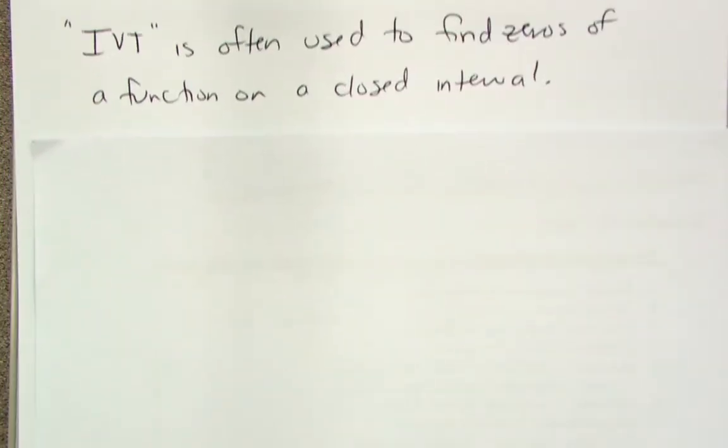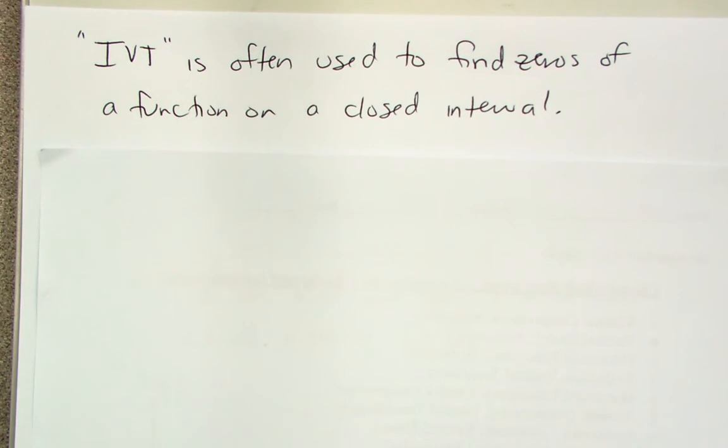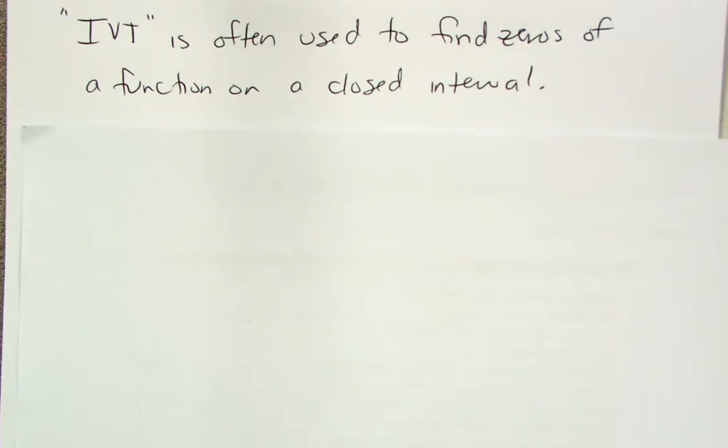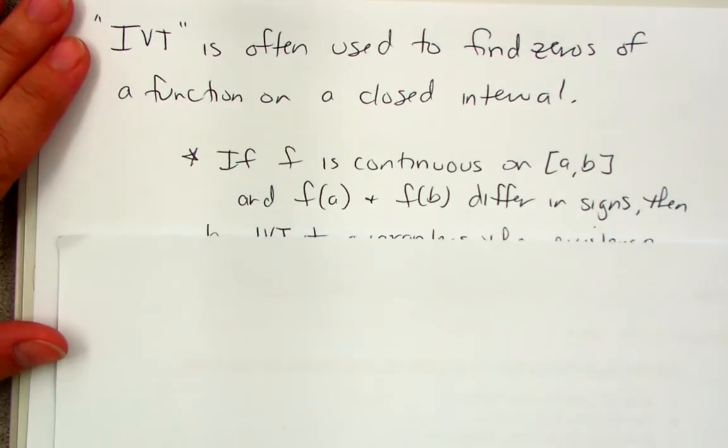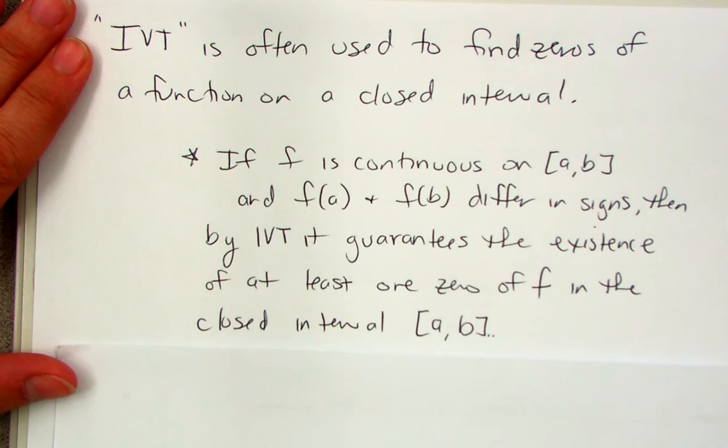This is an important theorem for the AP test. IVT. The intermediate value theorem is often used to find zeros of a function on a closed interval. So I just drew a picture of one. I'll draw a picture again in a minute. Let me first write this out again.